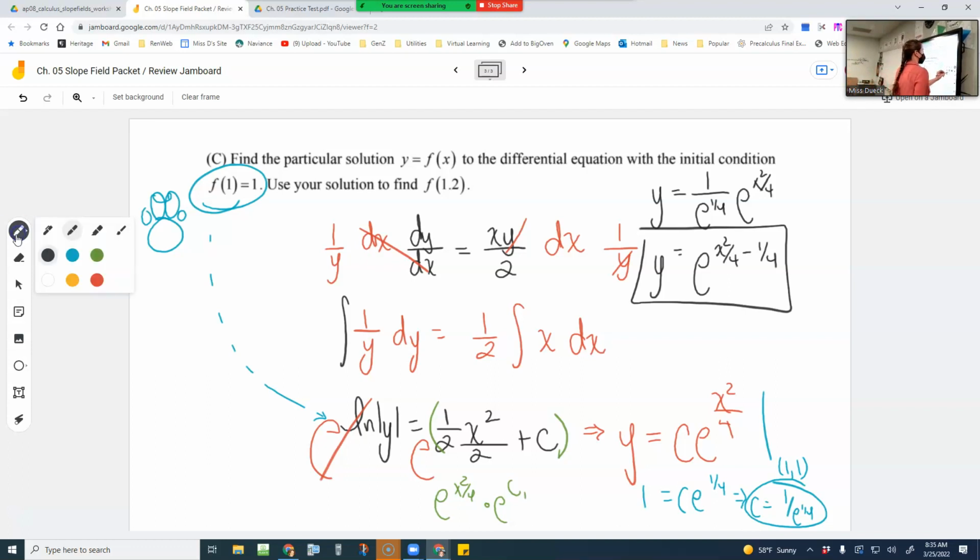But then they say, use this to find, like, this actually is my f of x. Like, I found it. When I solve my differential equation, I actually found my original function. And then we plug in for the 1.2.